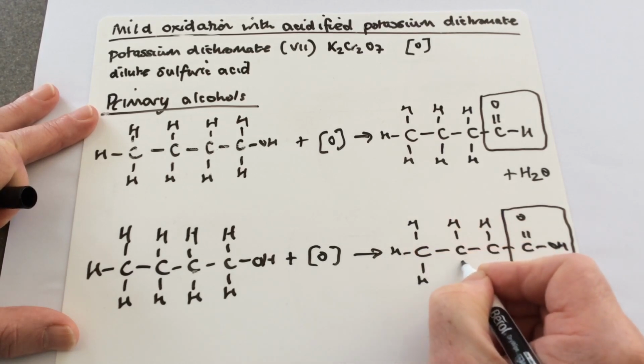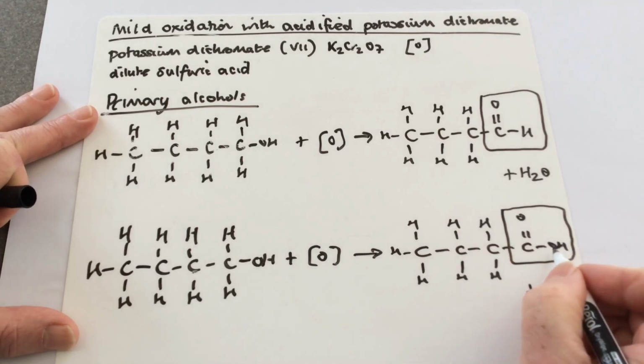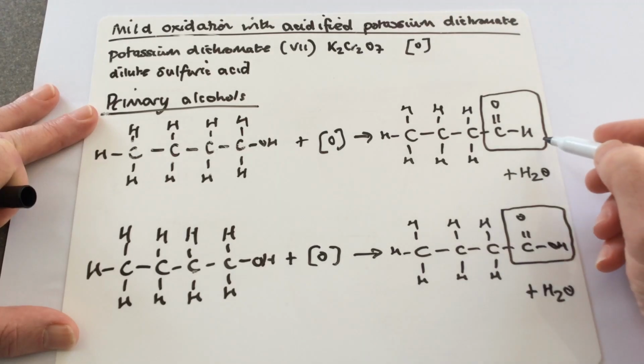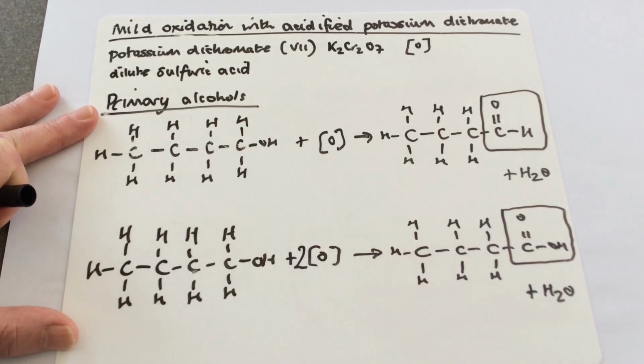But this time, the equation does not balance. There's an extra oxygen atom in the carboxylic acid compared to the aldehyde. So this time we need to use 2 oxidizing agents. The hydrogen attached to the oxygen and the hydrogen off the adjacent carbon atom have been removed to form the water.